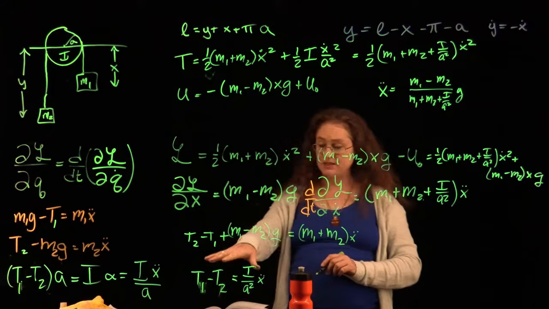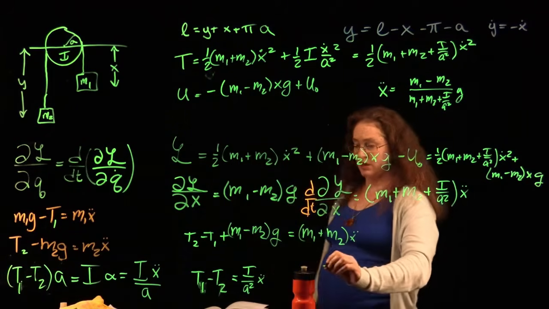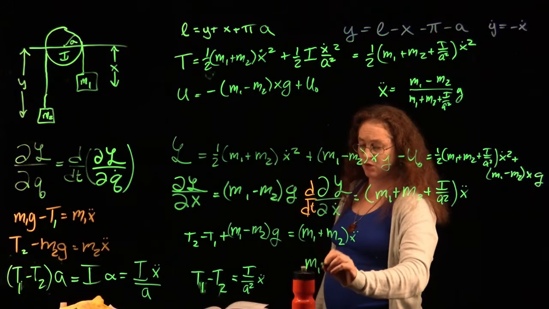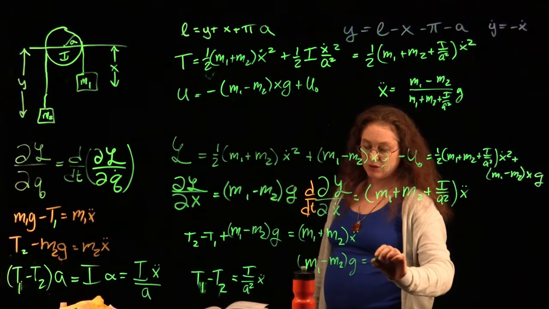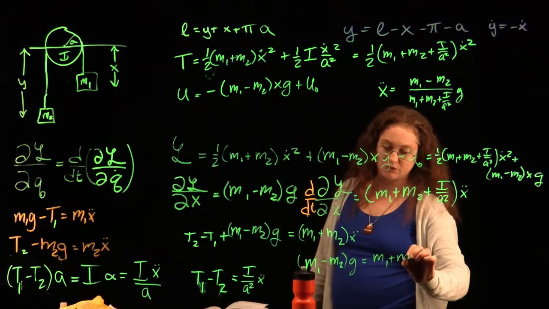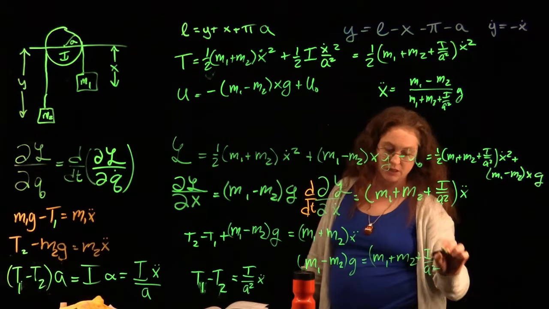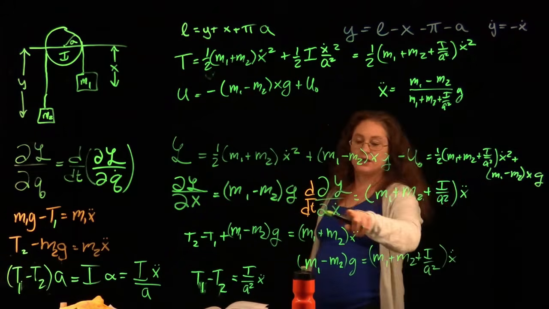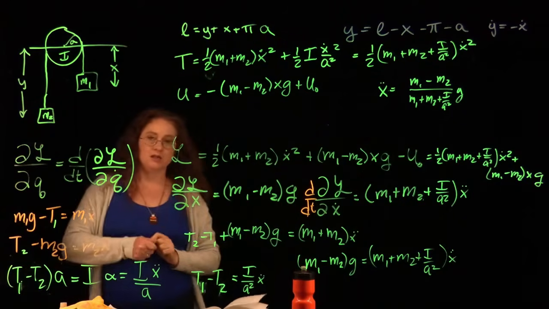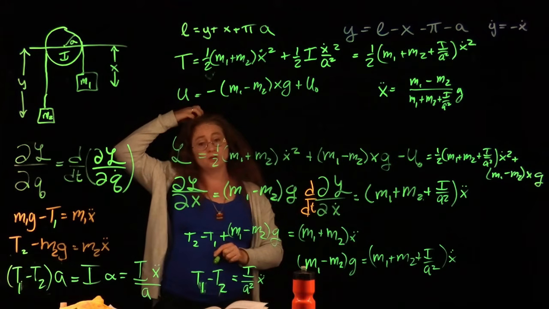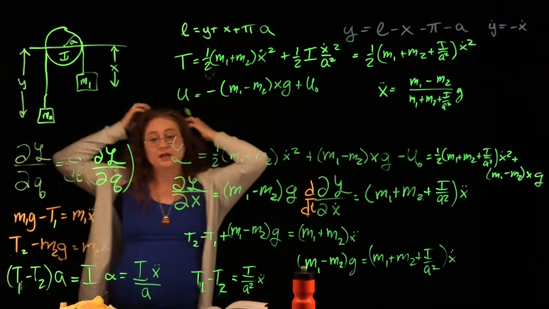Now when I add this, the tensions cancel out, and I am left with M1 minus M2 times G equals M1 plus M2 plus I over A squared times X double dot, and I get to the same equation that I had up here. So it is slightly easier when you use the Lagrangian approach because you just have to write down the kinetic energy.